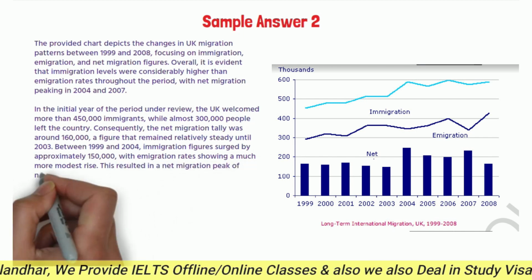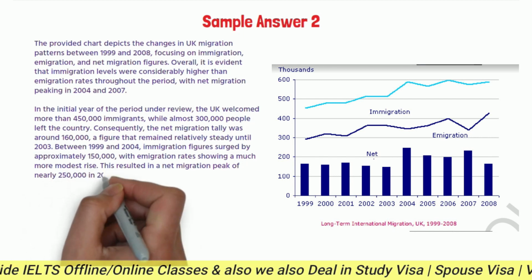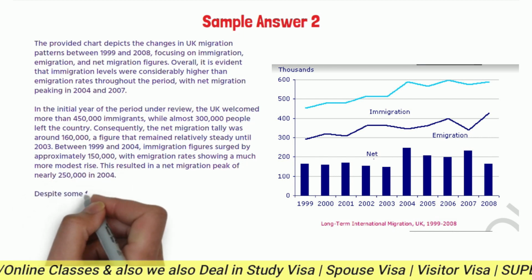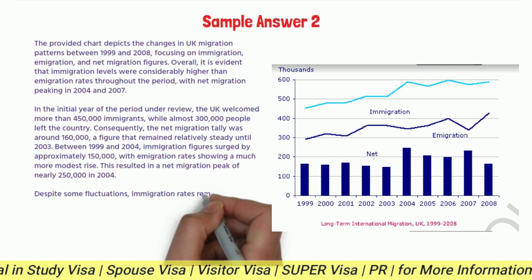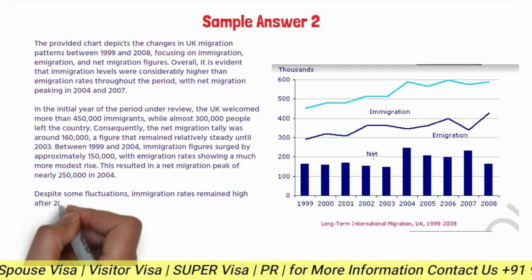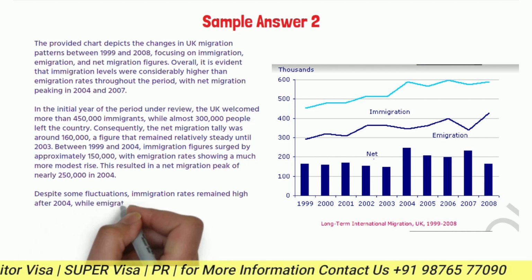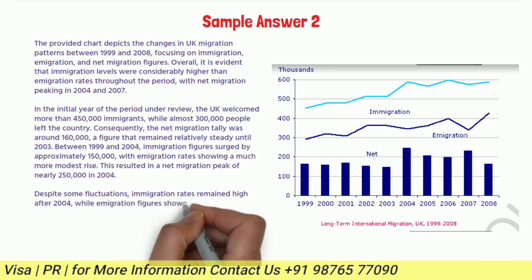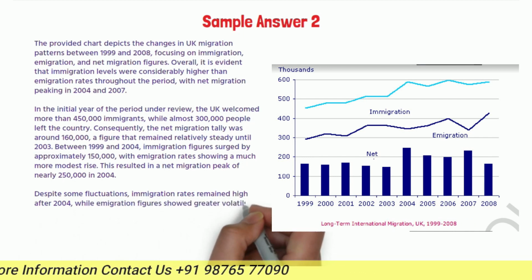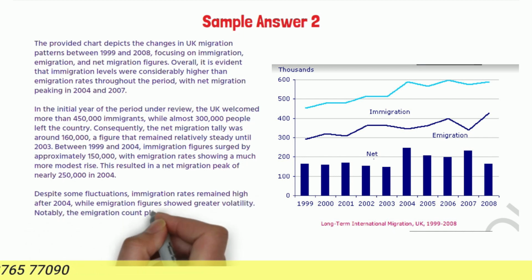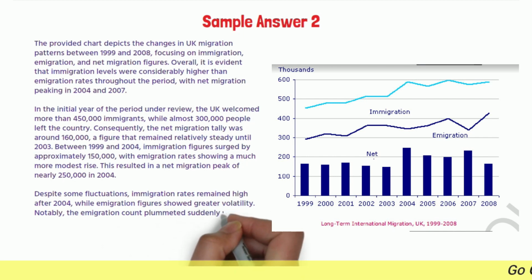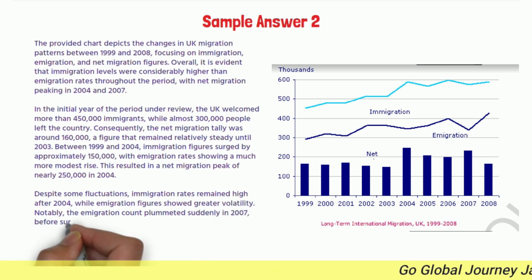250,000 in 2004. Despite some fluctuations, immigration rates remained high after 2004, while emigration figures showed greater volatility. Notably, the emigration count plummeted suddenly in 2007 before surging to roughly 420,000 in 2008.